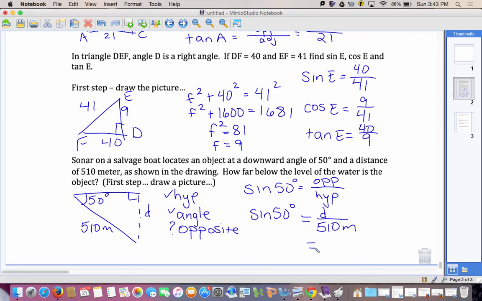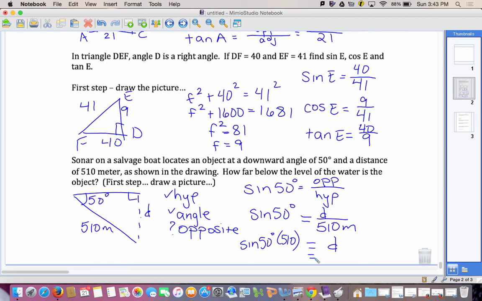And I can do that by saying sine of 50 degrees times 510 meters is equal to the depth. And you're going to need to use your calculators to figure this out. But what's really important is that you have your calculator in degree mode.